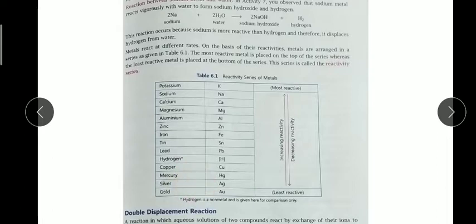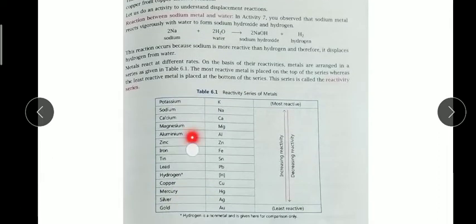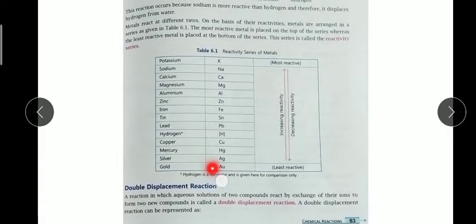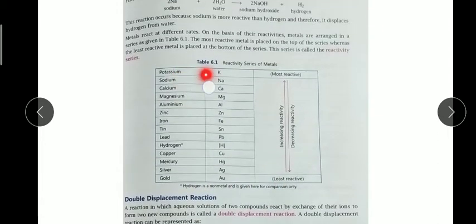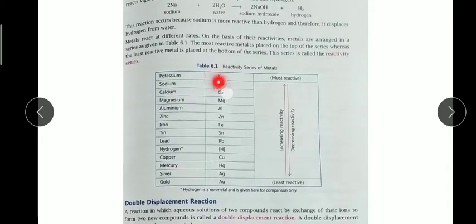You can see potassium, sodium, calcium, magnesium, aluminium are the most reactive, whereas mercury, silver, gold, copper are the least reactive.